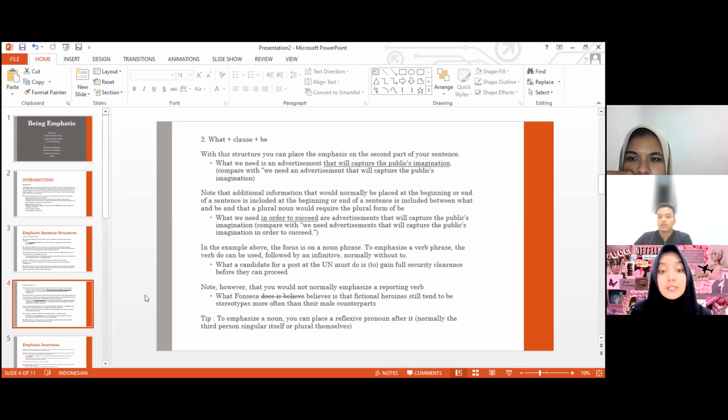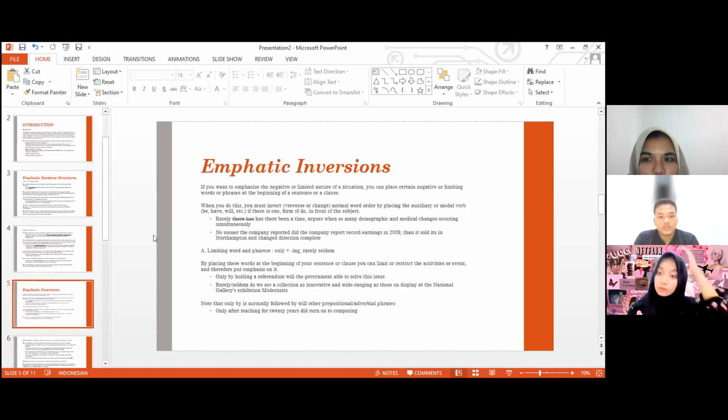To emphasize a noun, you can place a reflexive pronoun after it. Normally, the third person singular itself or plural themselves.